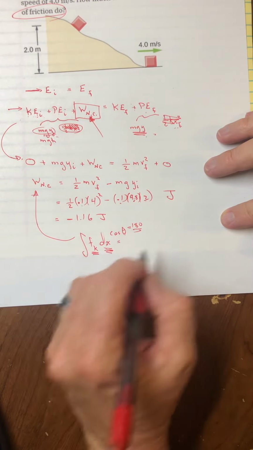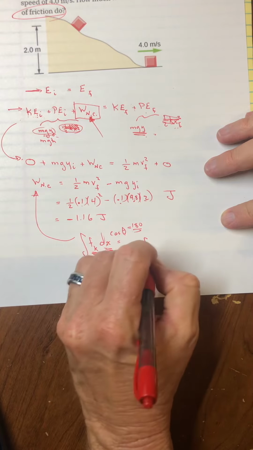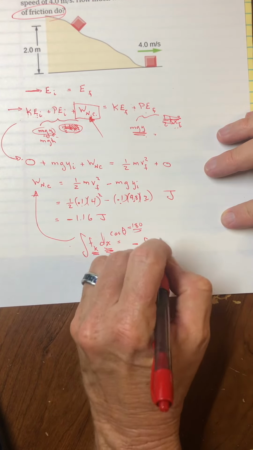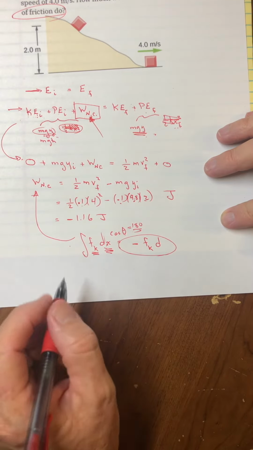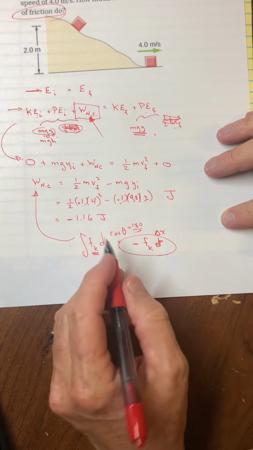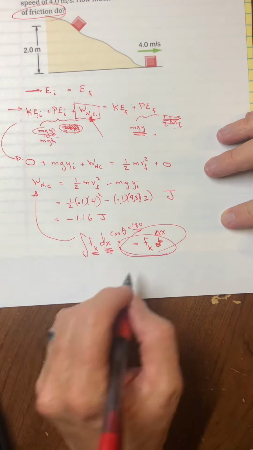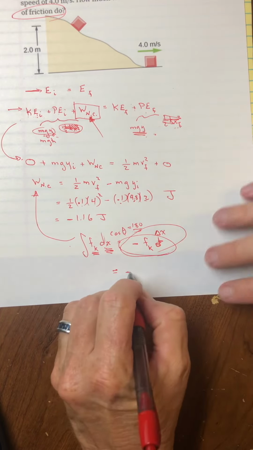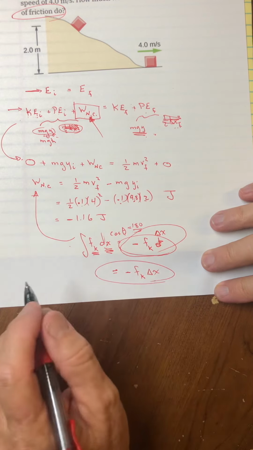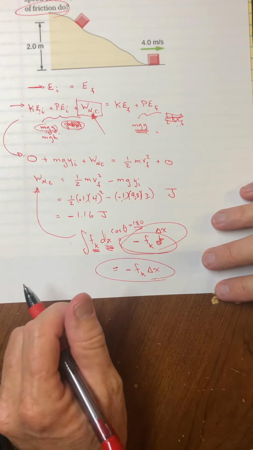Cosine of 180 degrees was a negative, and then the force of friction was a constant, and then we just got the distance traveled. I think I put it as a delta x. I think your book puts it as d, and I did a delta x. So, the work done by friction should be something like this.